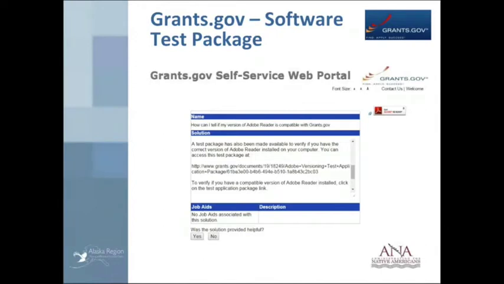So on the self-service web portal, I went in here this morning, and there's a little test. If you search for Adobe Reader compatibility under solution, that gives you a long URL. You can paste that into your web browser and see if the current version of Adobe Reader that you're using is actually compatible. And if it's not, then you need to upgrade your Adobe Reader software.